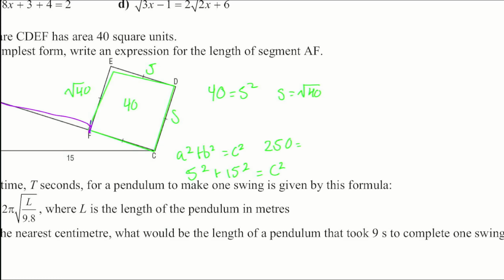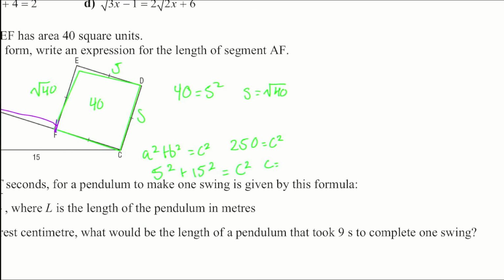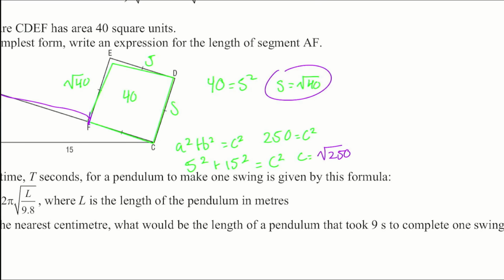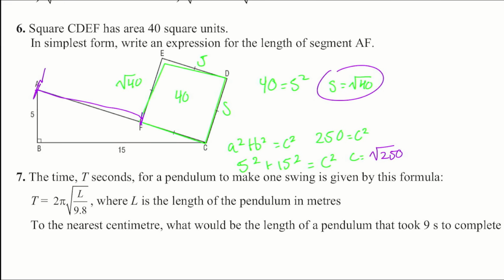Now we're going to square root this because we're going to find c on its own. So c is going to be the square root of 250. So if this whole length here from A to C is root 250, then root 250 minus our length of root 40 will give us just this isolated length of A to F.